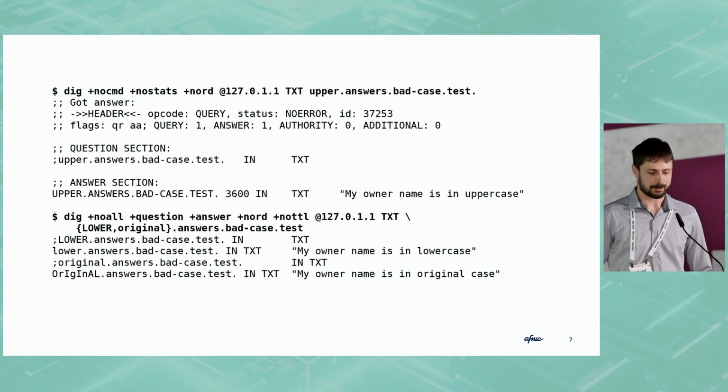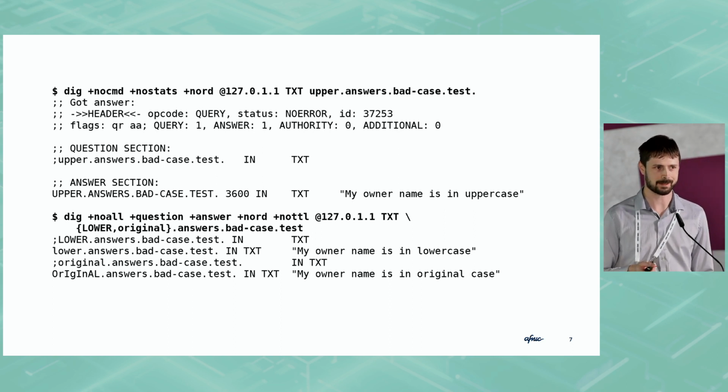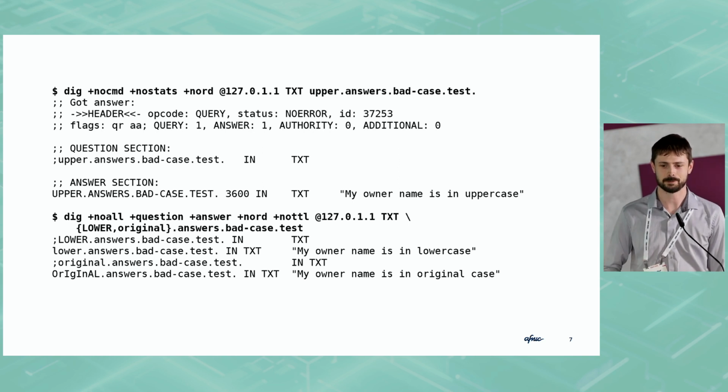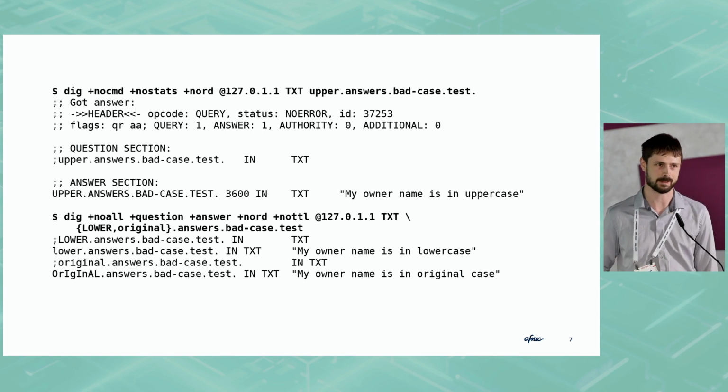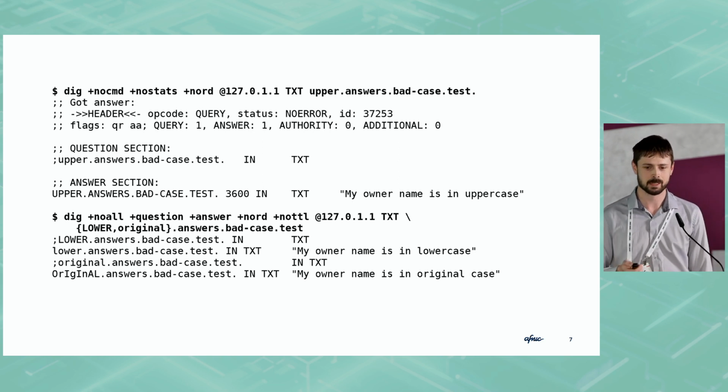Now, moving to some examples. I'll first say that I have prepared these examples with the same set of zone files in the same configuration. I did not restart the server or anything between any of those examples.